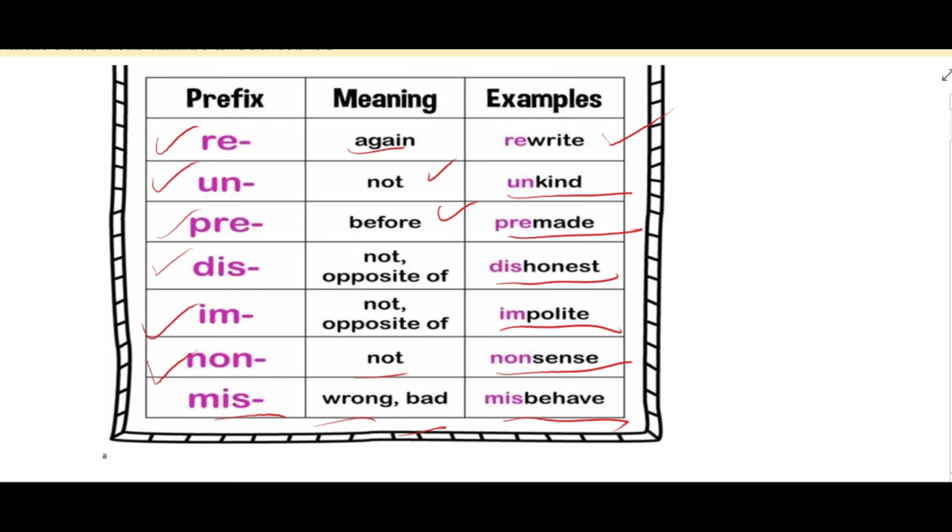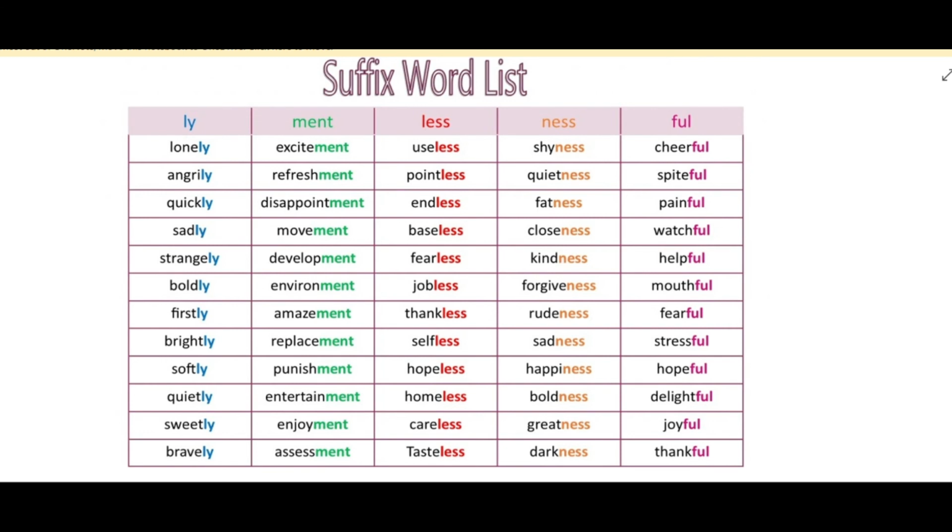In this way, when we add different kinds of prefixes to make new words, we will have different meanings as well. The last slide is the list of suffixes. Now ly is used as a suffix, ment is also used as a suffix. In the same way, less, ness and ful. We have words ending with ly, like lonely, angrily, quickly, sadly.